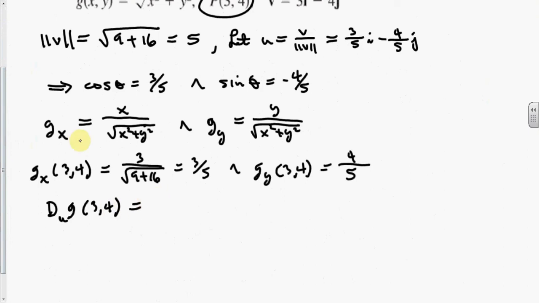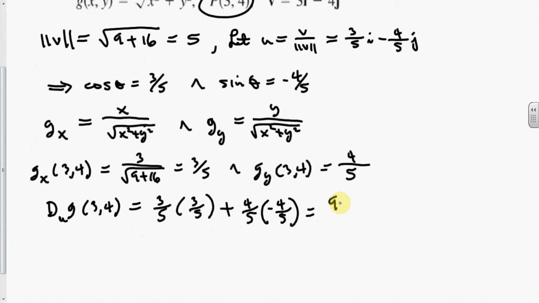So that becomes the partial with respect to x, that's 3 over 5, times the cosine, and we got the cosine to be 3 over 5. Then plus the partial of g with respect to y, that's 4 over 5, times sine theta, and that was negative 4 over 5.